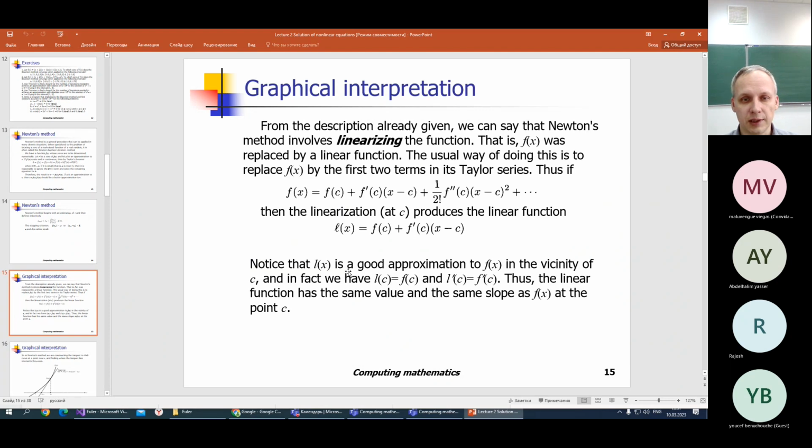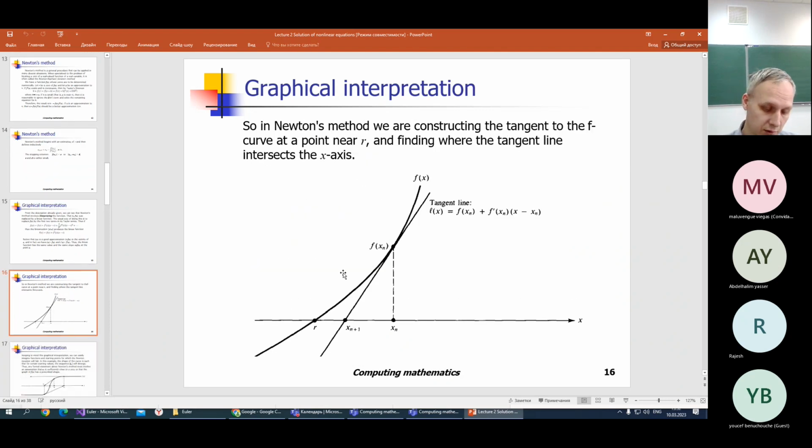We considered some graphical interpretation. We discussed that the geometric interpretation of the derivative is the slope of the tangent line, and in this case we can consider the Newton method as follows.